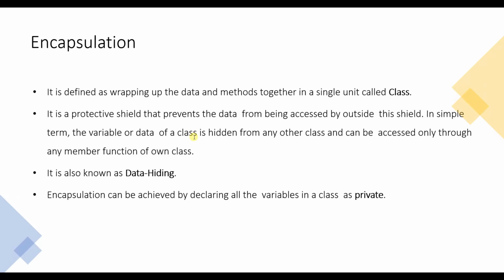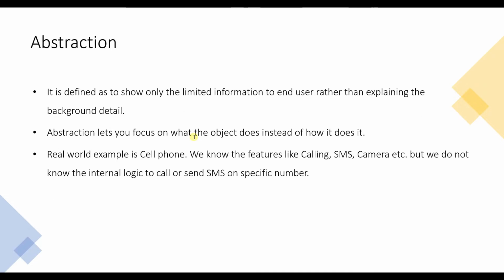Encapsulation can be achieved by declaring all the variables in a class as private. As we already discussed in our example, whenever we make our members private, we are achieving encapsulation. Next we have abstraction. Abstraction is defined as showing only the limited information to the end user rather than explaining the background detail.